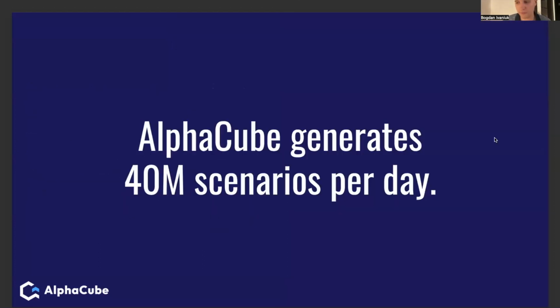Right now we are generating 40 million different strategies per day on a single server. The key feature that provides this opportunity for us is that we have pre-calculated data.